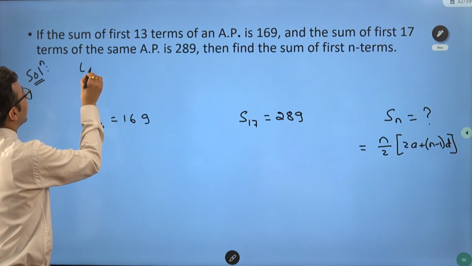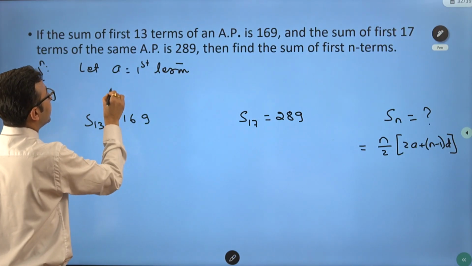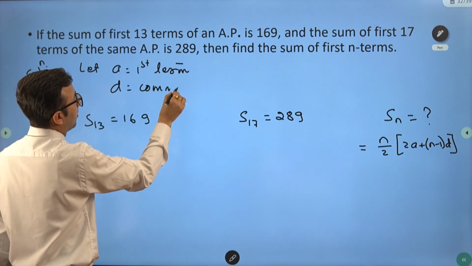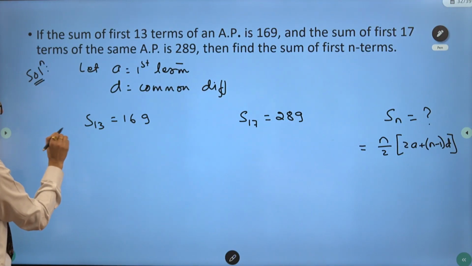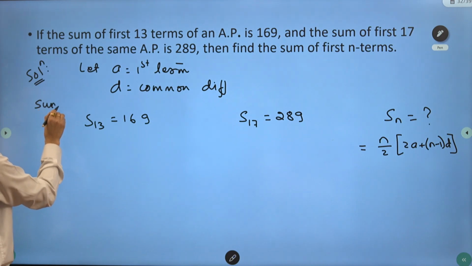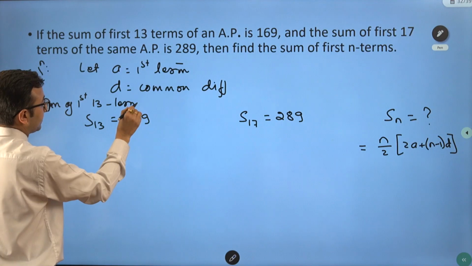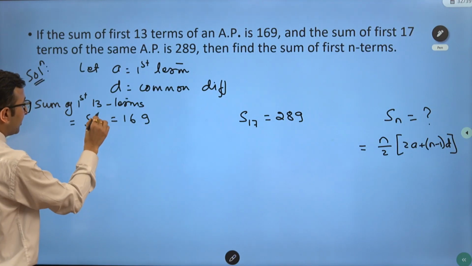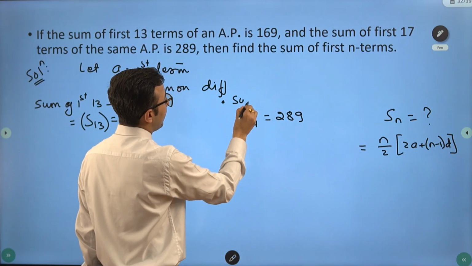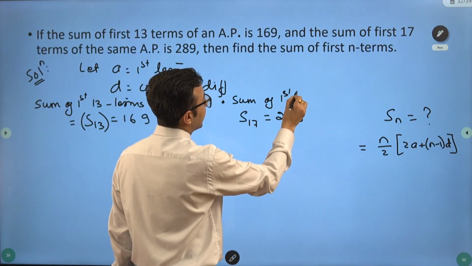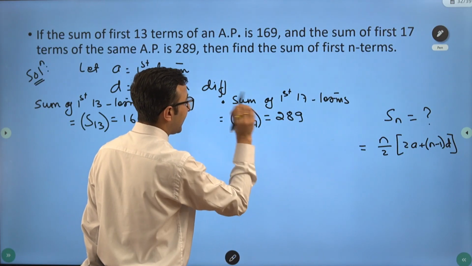Let A be the first term and D the common difference. S13 represents the sum of the first 13 terms, which is equal to 169. Similarly, S17 is the sum of the first 17 terms, which is 289.